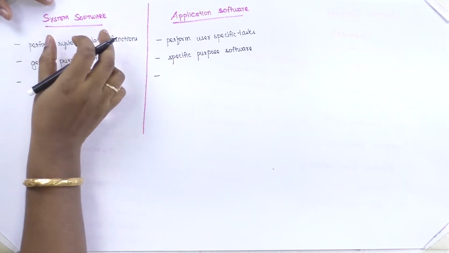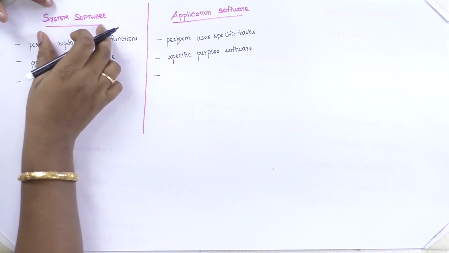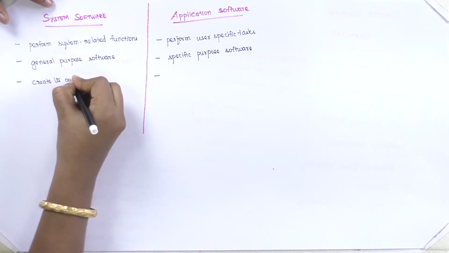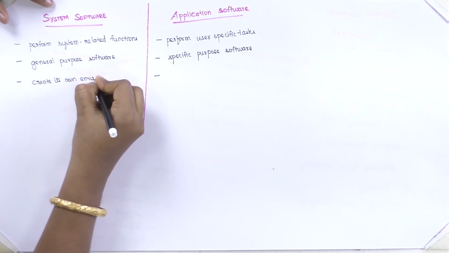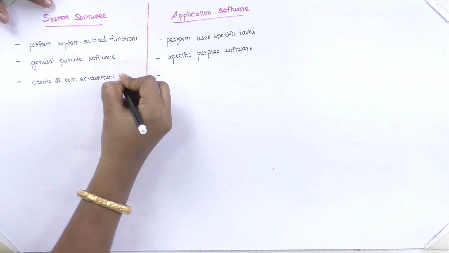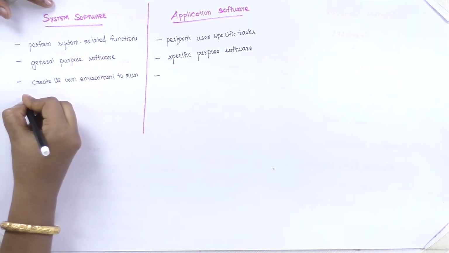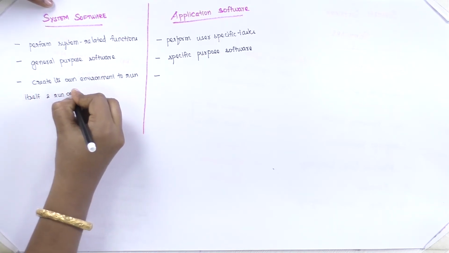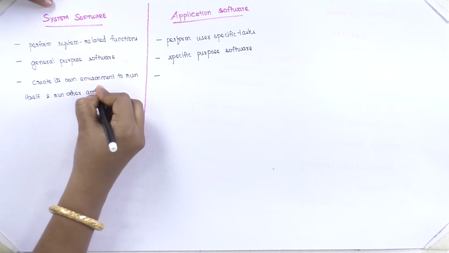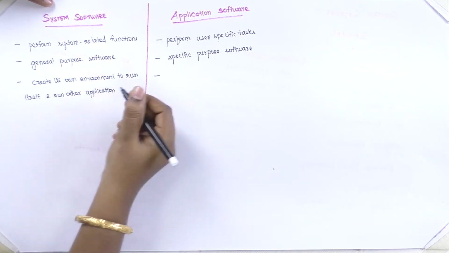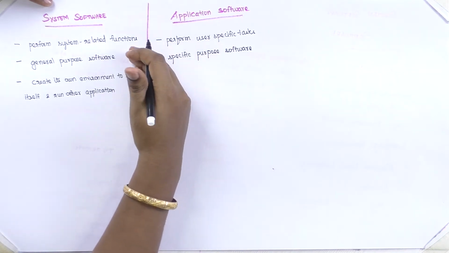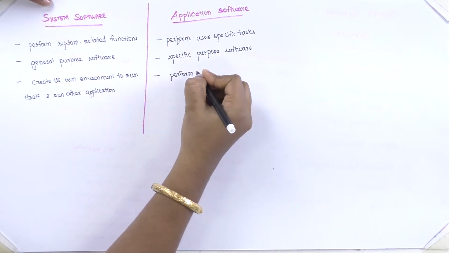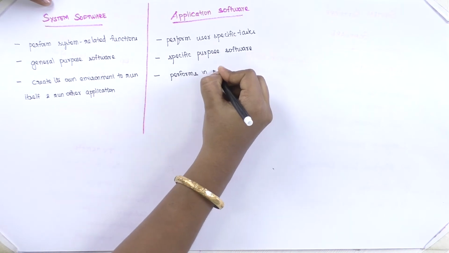System software is very close to the system, so system software will create its own environment to run itself and to run other applications. Whereas application software is dependent on system software, so it performs in an environment created by our system or by our operating system.